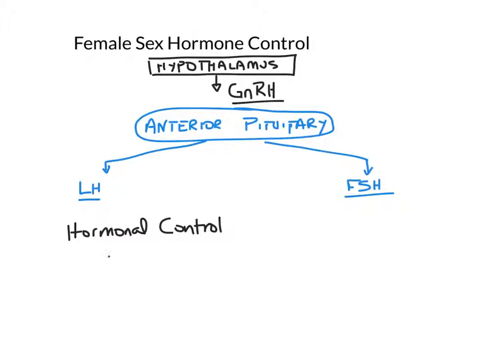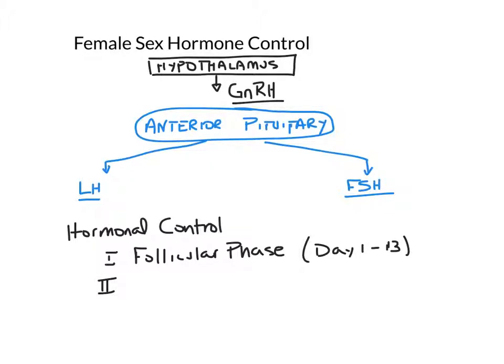And the first one is typically known as the follicular phase, which is day 1 to 13 in an ideal 28-day menstrual cycle.